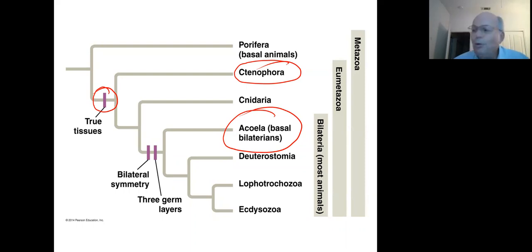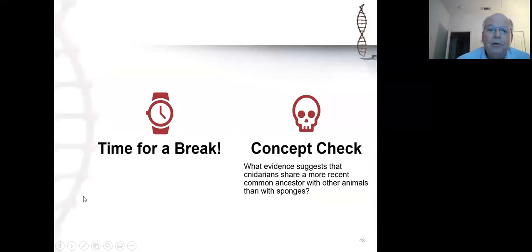More evidence is needed, more sequencing data is needed. So that's the potential direction in which the studies will likely move, because these are questions that are being asked right now to try and better understand the phylogenetics of the animal kingdom. So one more concept check, and then we'll be done with this chapter.